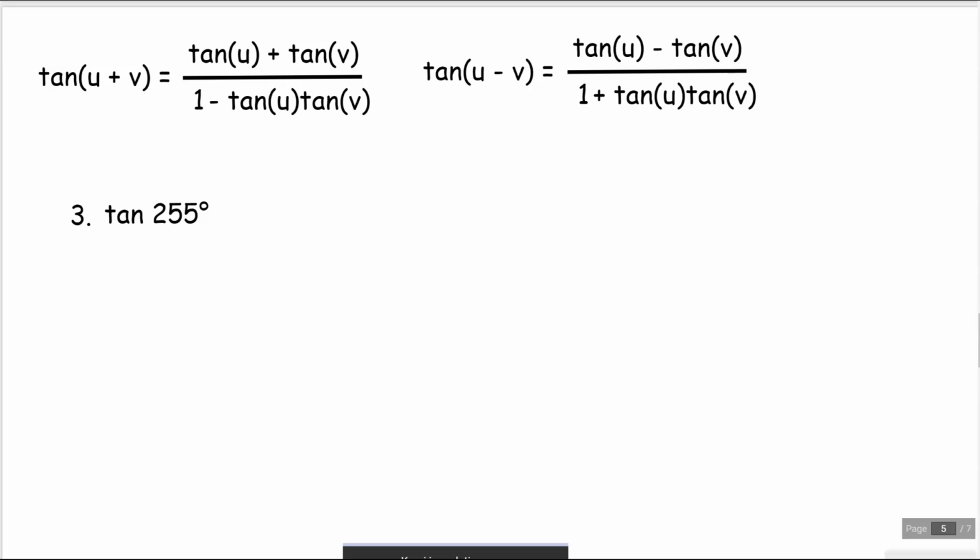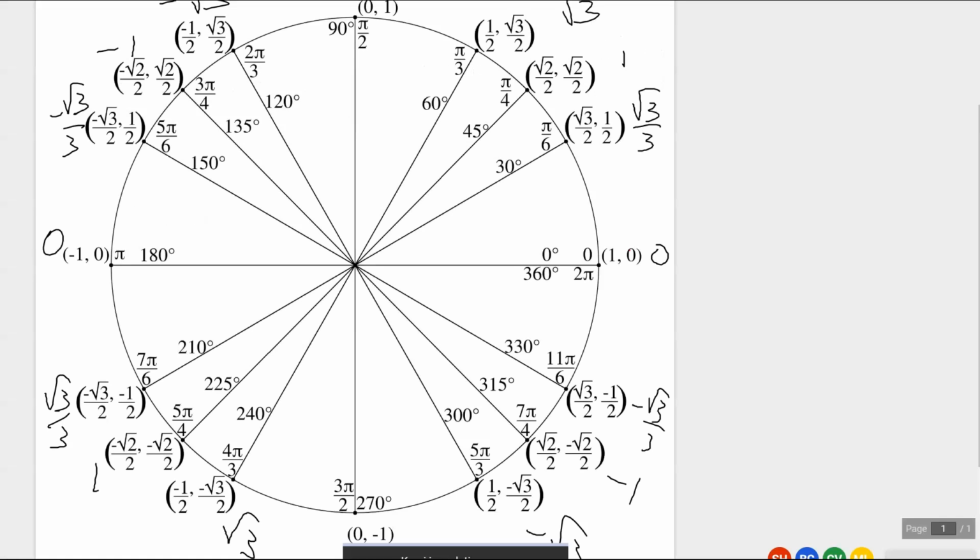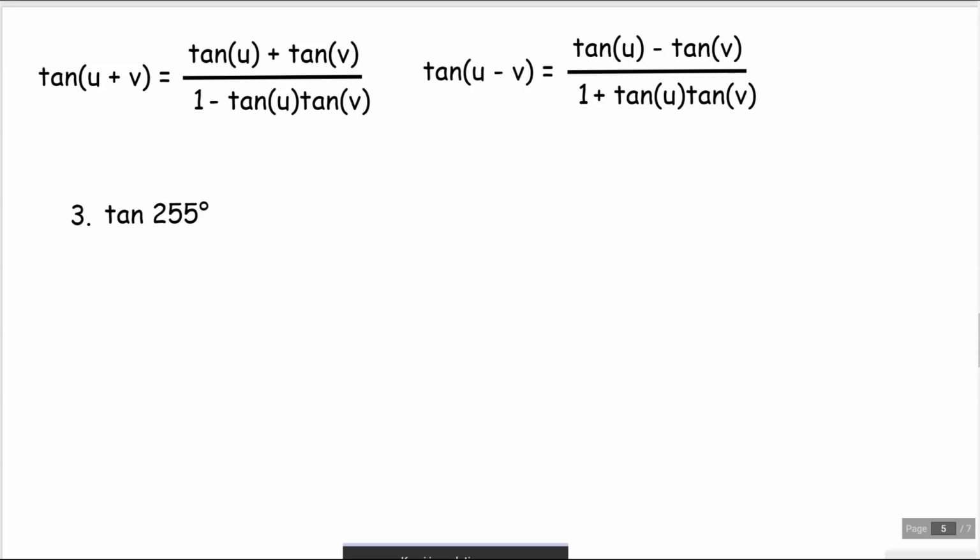All right, so we want tangent at 255. Again, we're looking for two values on our unit circle that add or subtract to 255. Probably the one that jumps out to me all the time is 135 and 120. It gives me 255, so I'm going to add those two. Okay, so tangent 120 plus 135, and it doesn't matter if you write 135 plus 120 because it's addition.